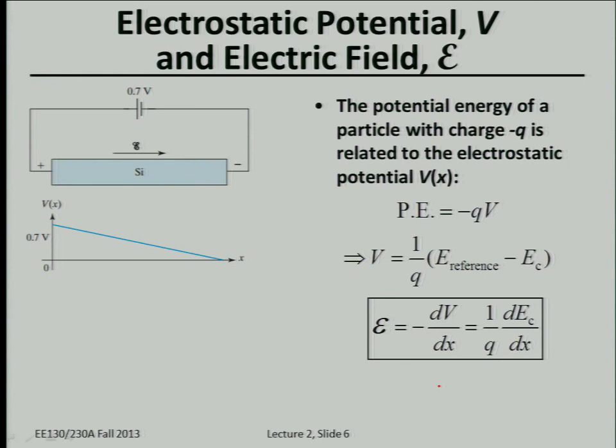And so plugging in the equation above, this means that if you have an electric field existing within your semiconductor device that is exerting force on your mobile charged particles, that electric field can be visualized by a change in the conduction band edge. Okay?